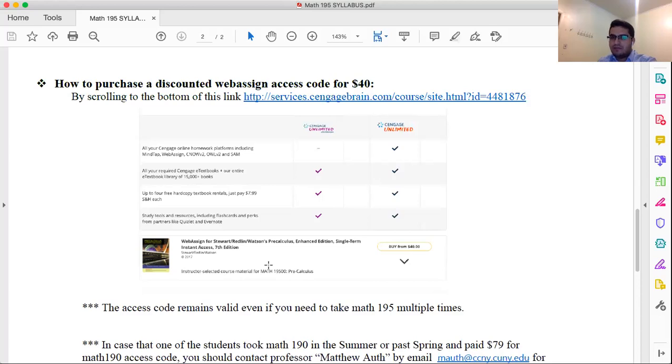So don't pay the $40 until you see how the class is going for you, because if you pay $40, you cannot get a refund. If it expires in 10 days, you can check for yourself during the first 5 days and see how the class is going. If you like it, go to WebAssign after the 5 days and pay the $40.